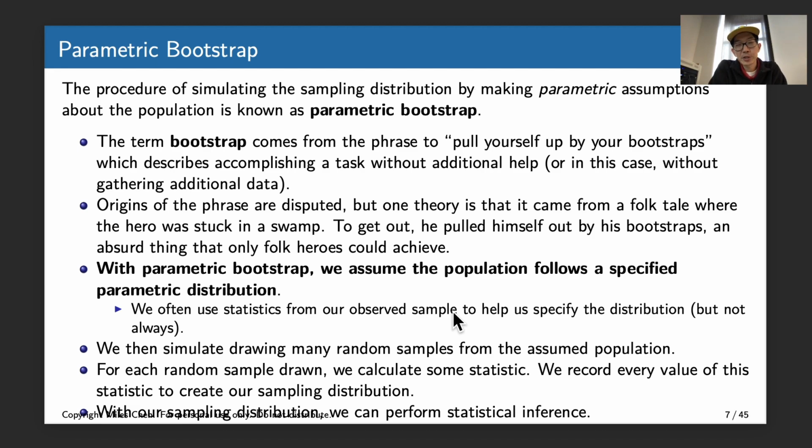With the parametric bootstrap, though, we're going to assume the population has some particular shape, some particular parametric distribution, and we probably have to specify the parameters of that distribution. So if you're saying it's the normal distribution, you have to specify your mean and standard deviation.